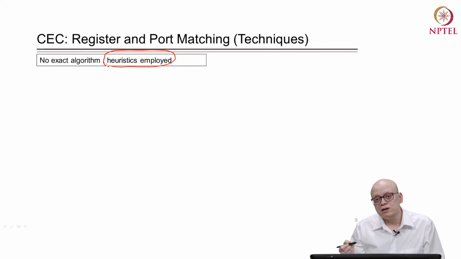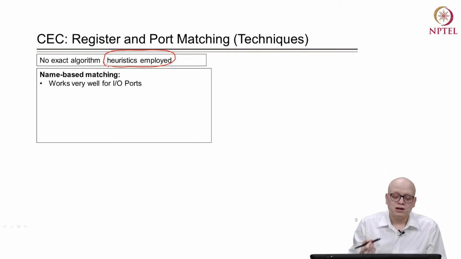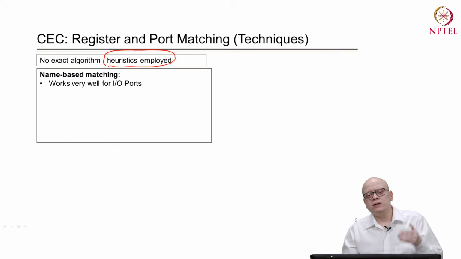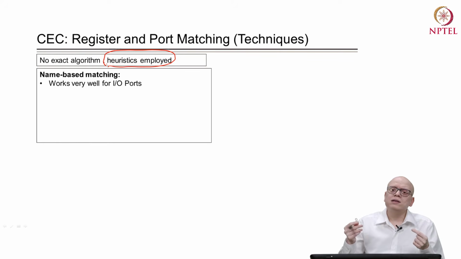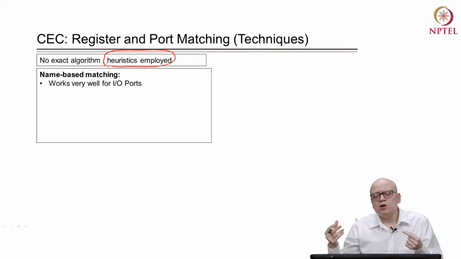And what is the most popular heuristic? The most popular heuristic is name-based matching. Why do we do name-based matching? Because typically, if the name of a port in RTL is, say, reset, then the name of the same port in the netlist will also be reset; it will not change.